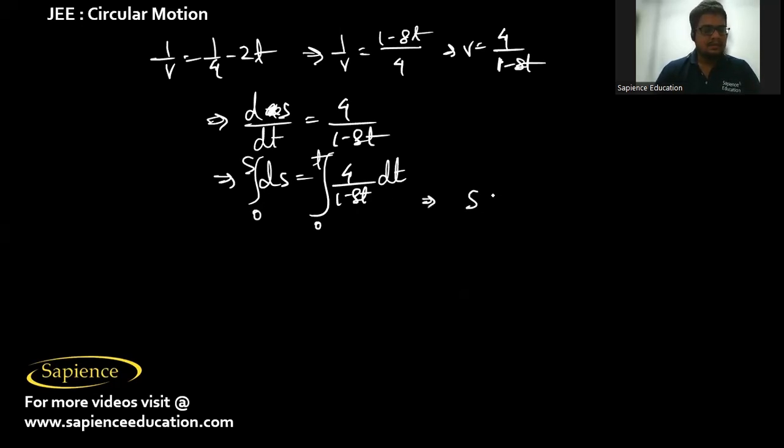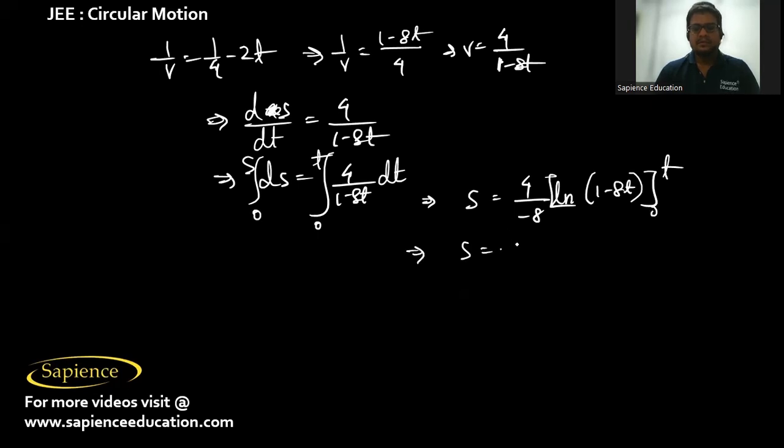So s will be equal to 4 by minus 8 into ln 1 minus 8t, going from 0 to t. So s will be equal to minus 1 by 2 ln 1 minus 8t, since ln 1 is 0.